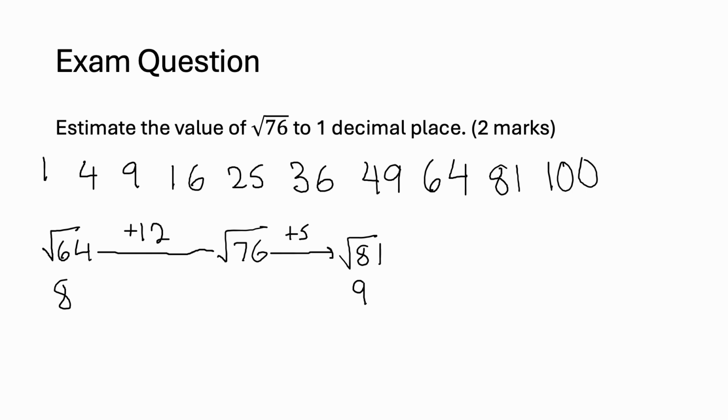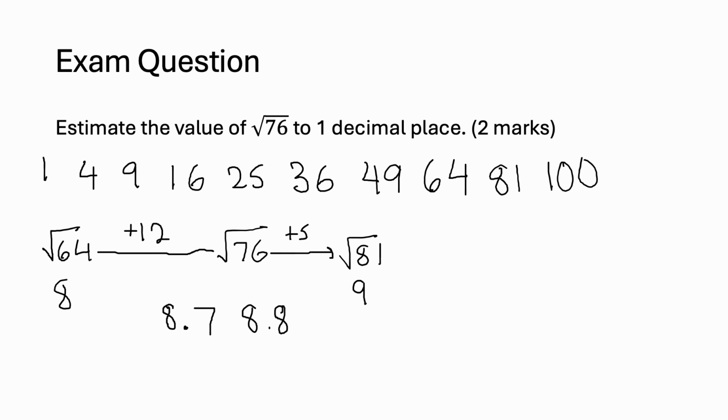So let's give a rough estimate. Because it's not snap bang in the middle, as we can see here, let's say we get an answer of roughly 8.7. Yeah, 8.7, which is correct. But you can also say 8.8 as well.